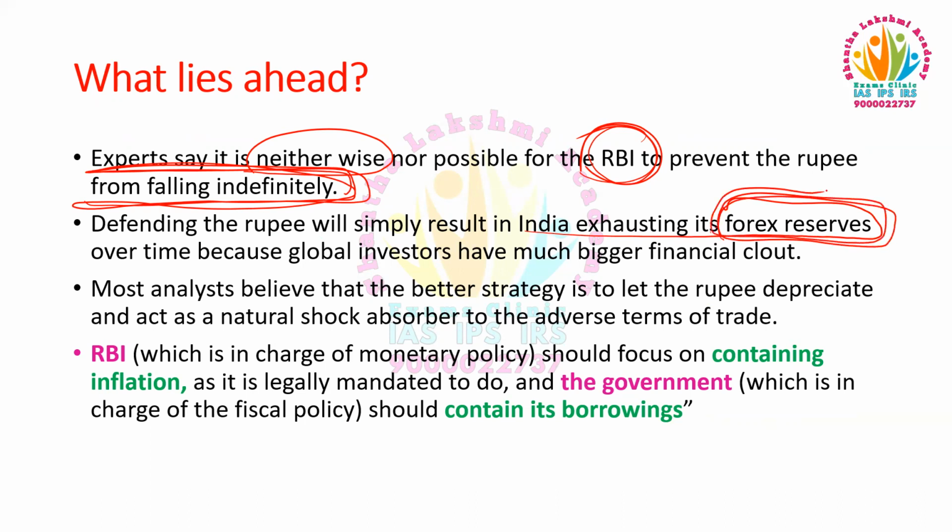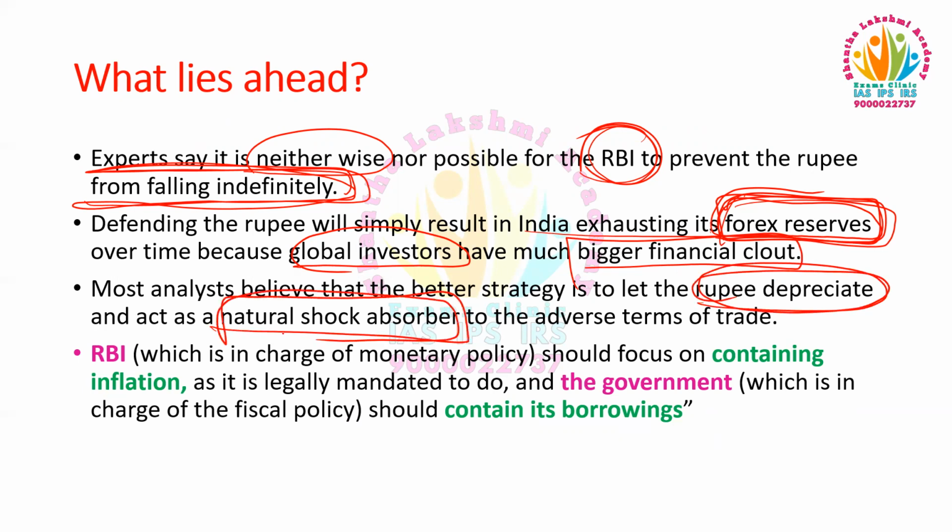To defend the rupee, the RBI's measures have led to the reduction of forex reserves, because global investors have much bigger financial clout, and most analysts believe the better strategy is to let the rupee depreciate and act as a natural shock absorber to the adverse terms of trade.